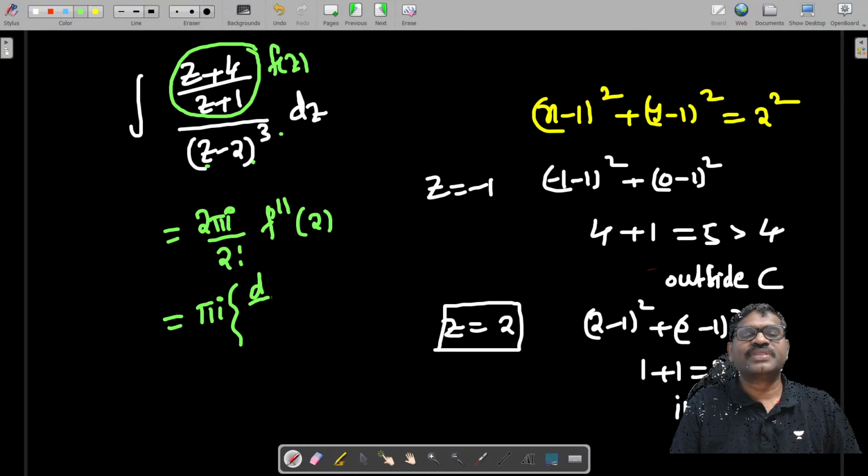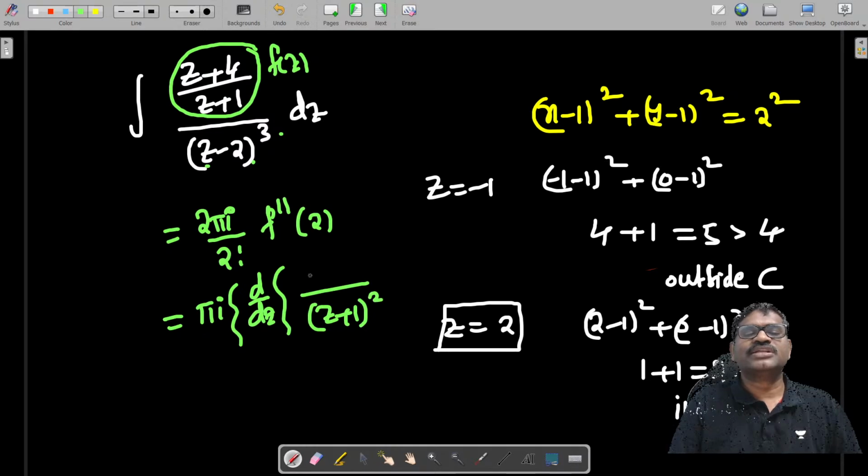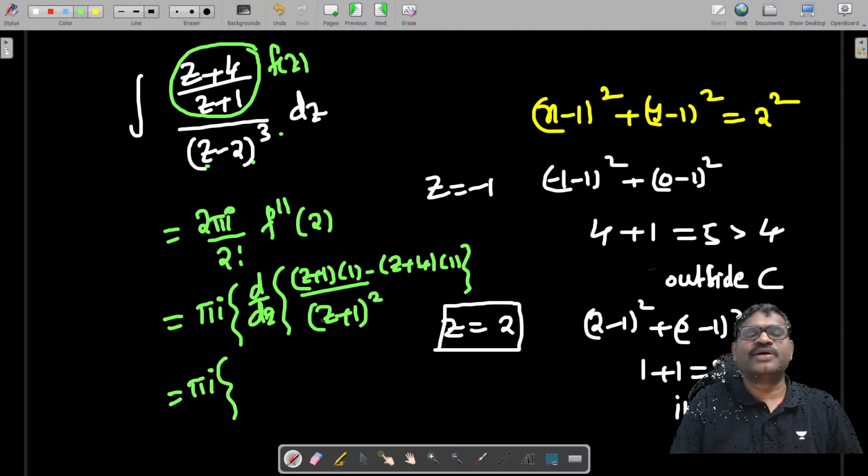First time, d by dz using the u by v rule: z plus 1 whole square in the denominator, z plus 1 into 1 minus z plus 4 into 1, that is pi i of z plus 1 minus z minus 4, which is minus 3.